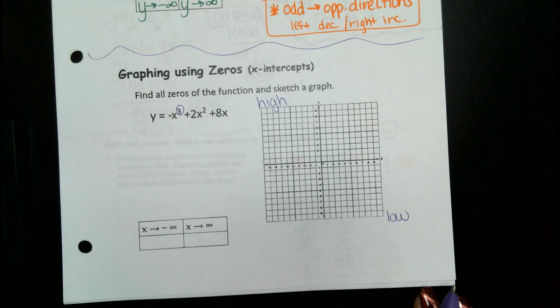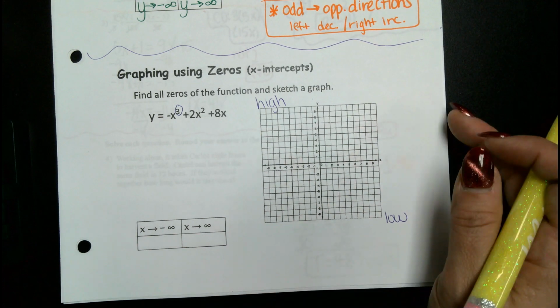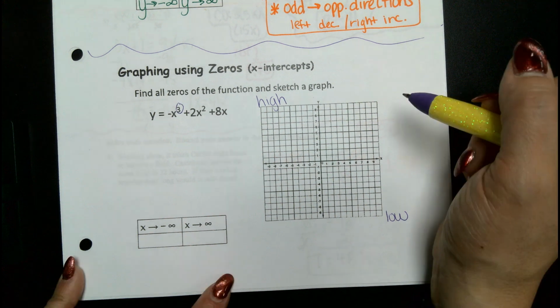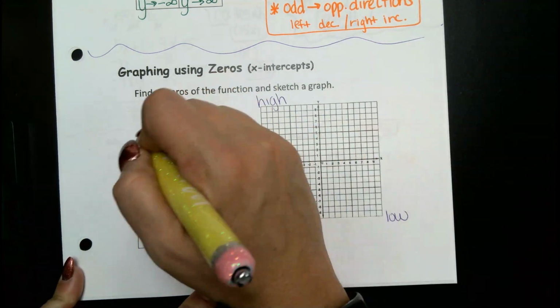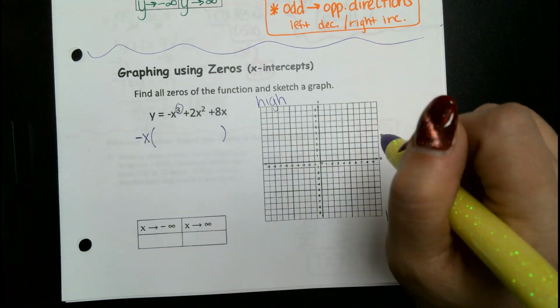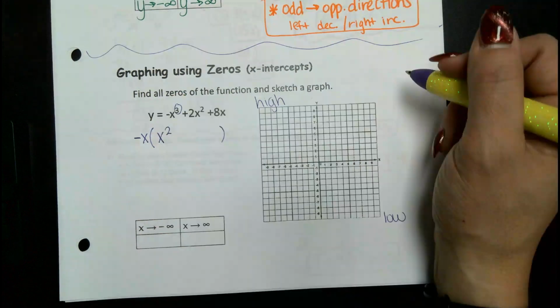So now look, do we ever want there to be a negative out front? No. Like if you had to do the asterisk, we never did that. Instead of bringing out, like, what do they all have in common? Don't they all have an x in common? Well, instead of just bringing out positive x, why don't we bring out a negative x, because if you take negative x cubed divided by negative x, isn't that now positive x squared?